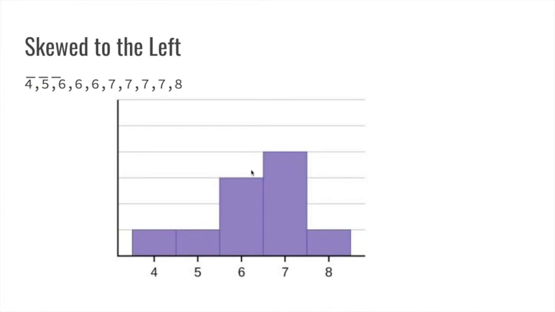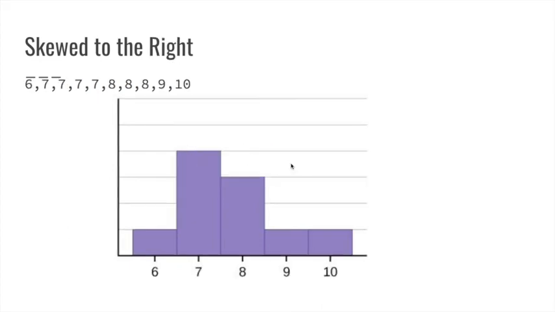So if the mean is to the left of the median, on the less side, then we have a left skewed distribution. Also point out that the tallest bar is going to be the mode, right? Because that's the one that happens the most. And notice that our mean and our median are both less than the mode.